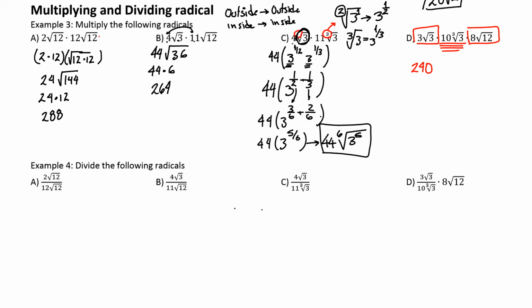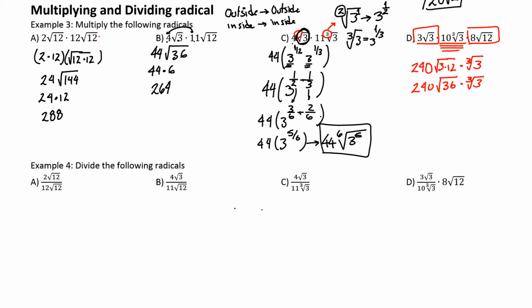But now, we're going to have the square root of 3 times 12 times the cube root of 3. Now, when we simplify this, you'll notice something interesting. 3 times 12 is 36 times the cube root of 3.